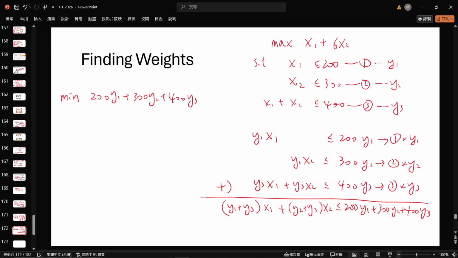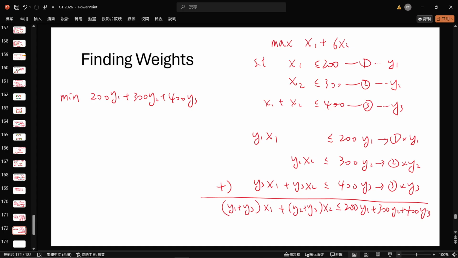So this is our goal. We want to find y1, y2, and y3 so that this can be minimized. Then you can say, well, why not just set y1, y2, y3 to 0, then you get 0. This is like a very good low upper bound. But you have to satisfy some constraint.